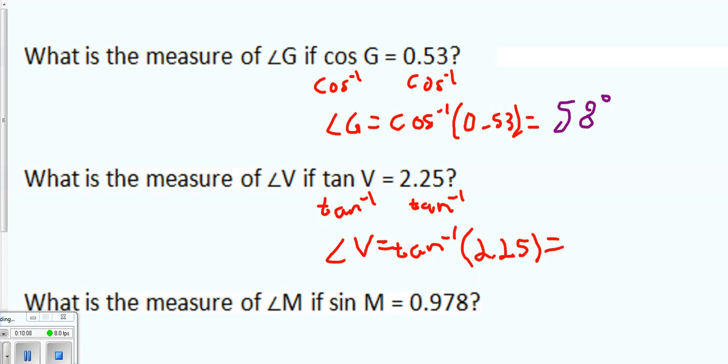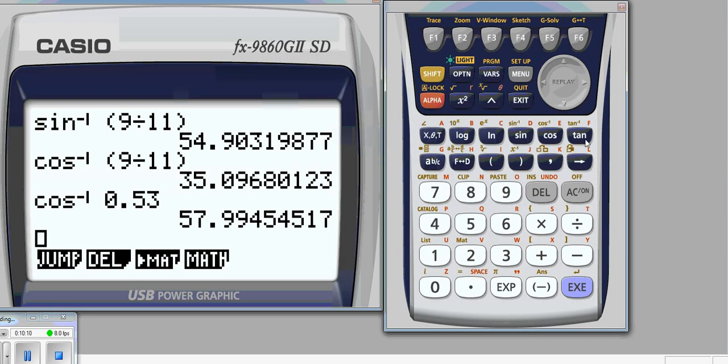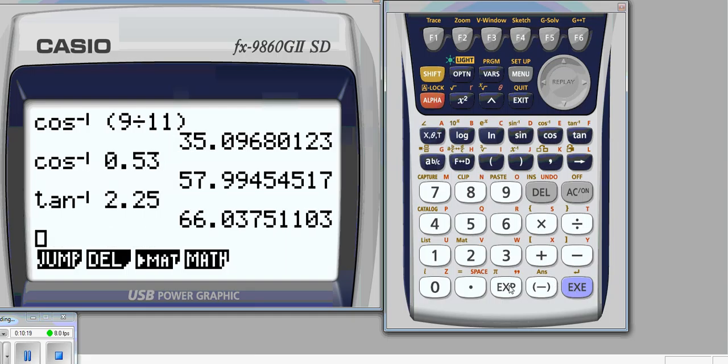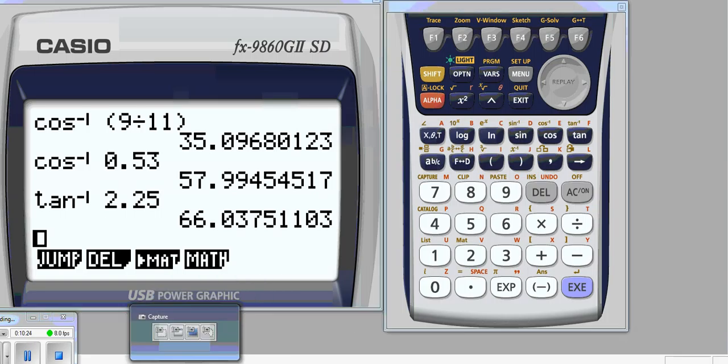So just plug it all into the calculator. Second, the tangent button, so it's tangent inverse that we're looking for. Tangent inverse of 2.25 comes out to 66.03. So we'll round it to 66 degrees.